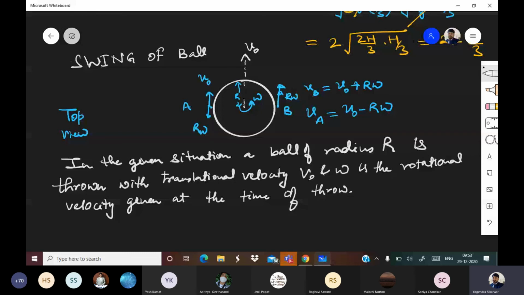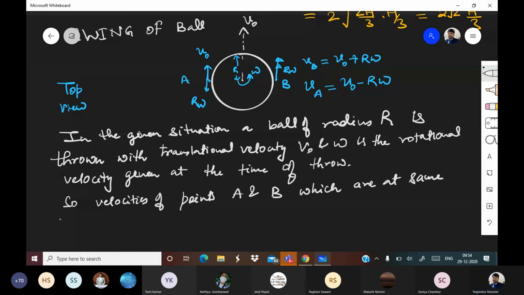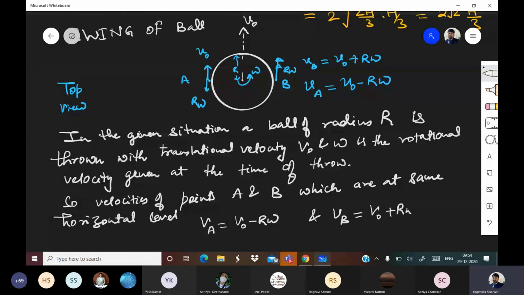So velocities of points A and B, which are at the same horizontal level: VA is equal to V naught minus R omega, and VB is equal to V naught plus R omega.